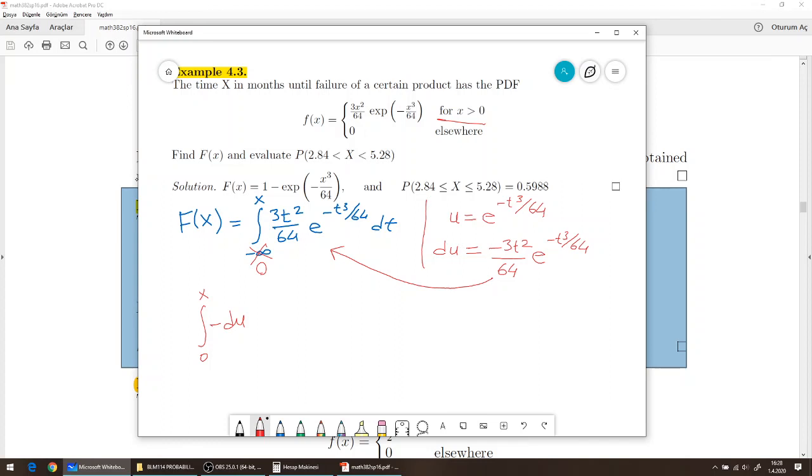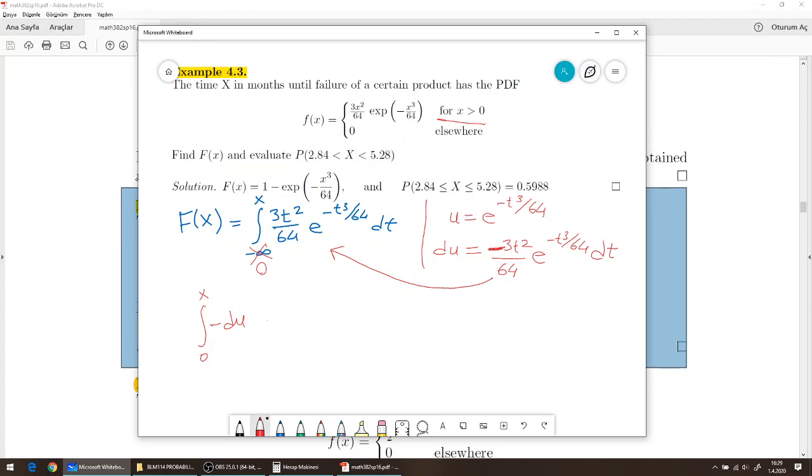It only has a minus sign before it. The only difference is this minus du. This also includes a dt term, so it is exactly minus du.